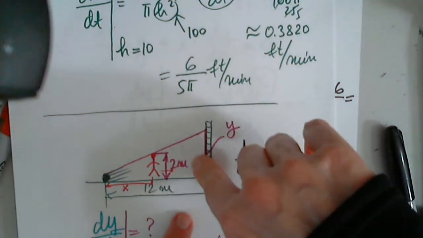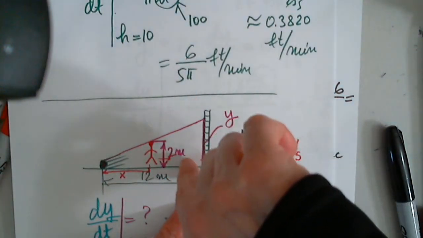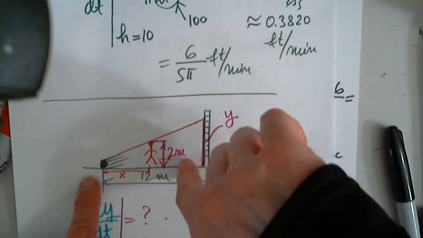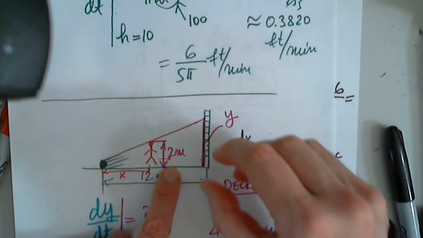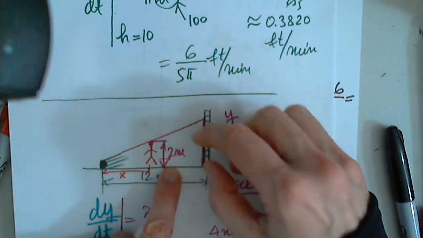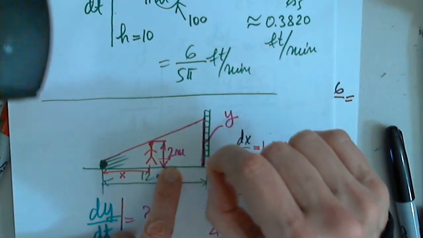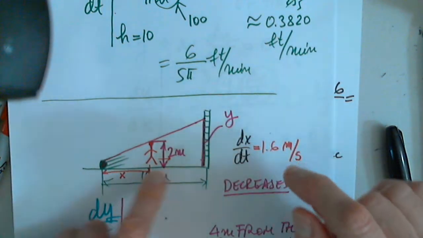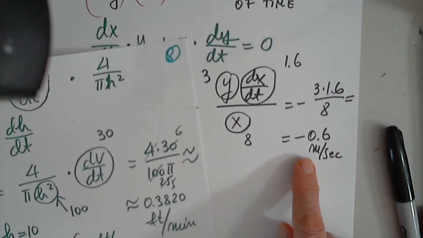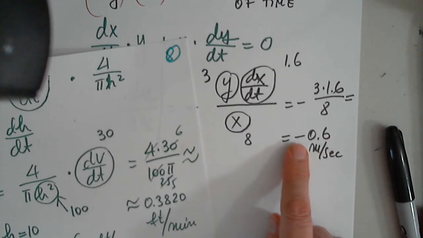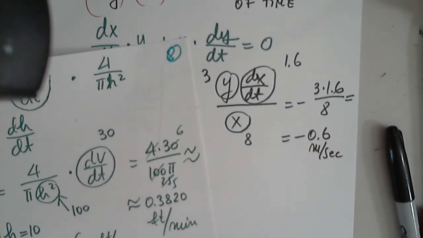So let's say this point is 8 meters away. His shadow on the wall is decreasing at that instant by 0.6 meters per second.